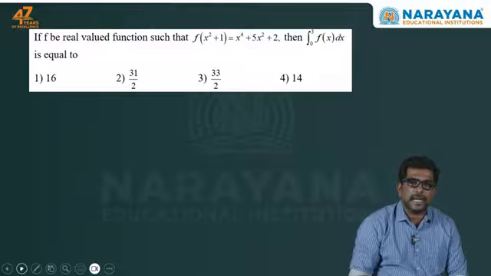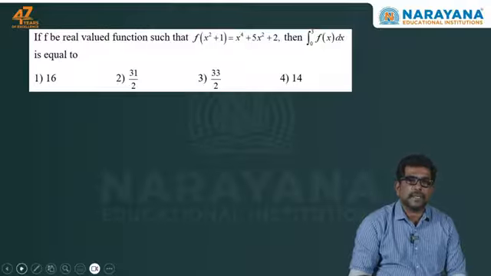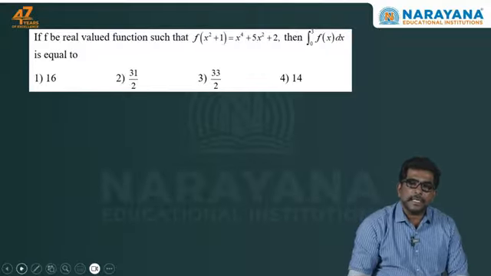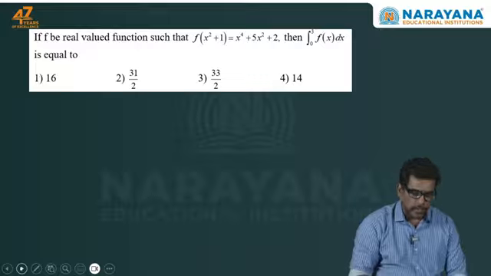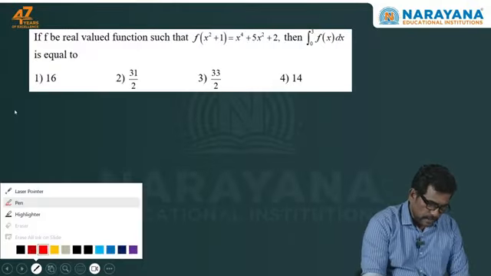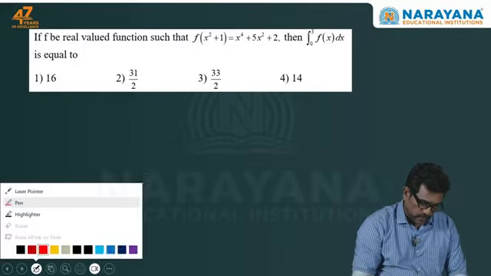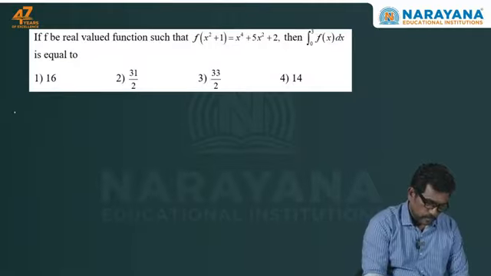The function is defined as f of x squared plus 1 equals x to the power of 4 plus 5x squared plus 2. Then they ask for the definite integral from 0 to 3 of f of x dx. So in the solution, first we are trying to find f of x.